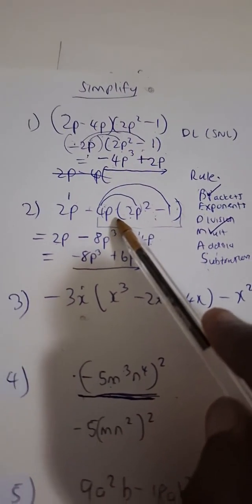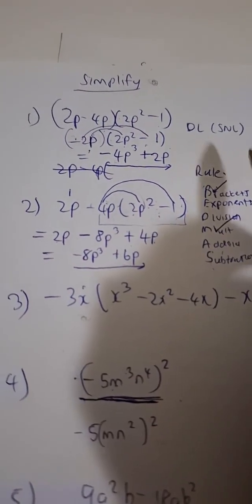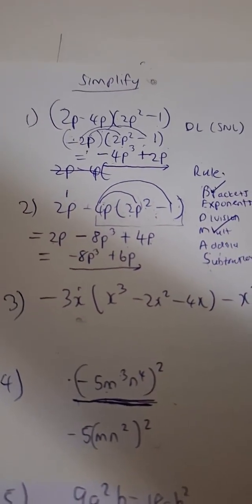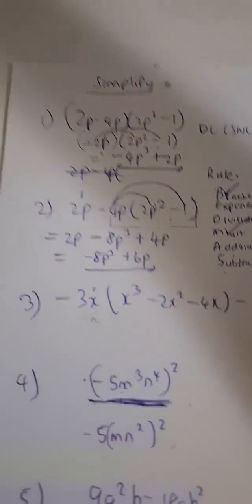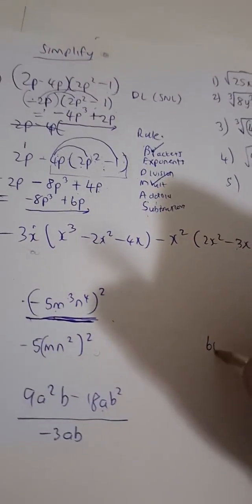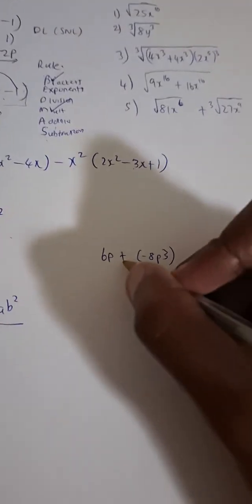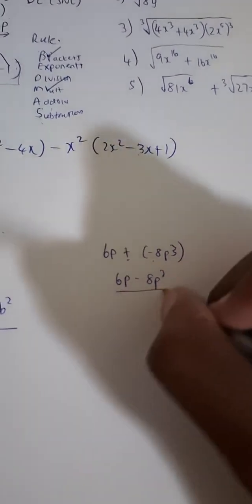So therefore, the answer could be 6p plus negative 8p cubed. Okay, I mean, that could also be fine, but then still the sign in between, if you write this as 6p plus negative 8p to the power 3, that's fine. But at the end of the day, this positive and this negative, you need to write finally.